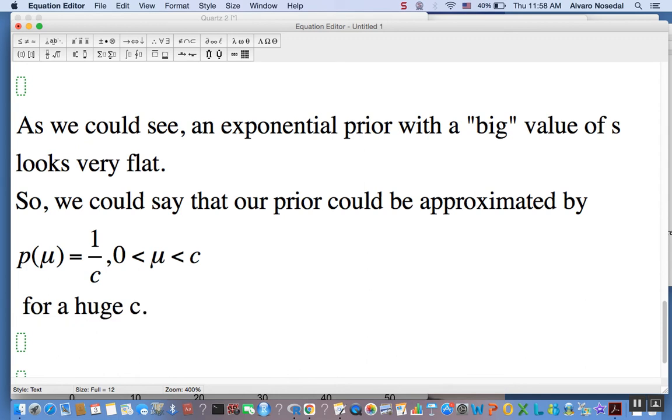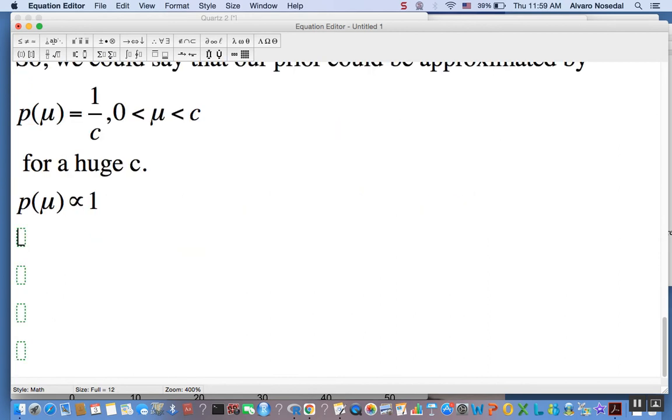Okay, so we could also think about this guy as something that is proportional to just one constant 1, right? So finally, what I want you to note is this.